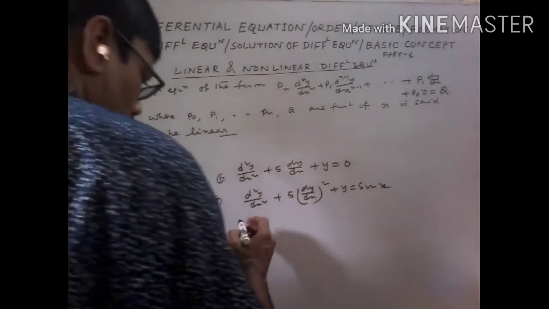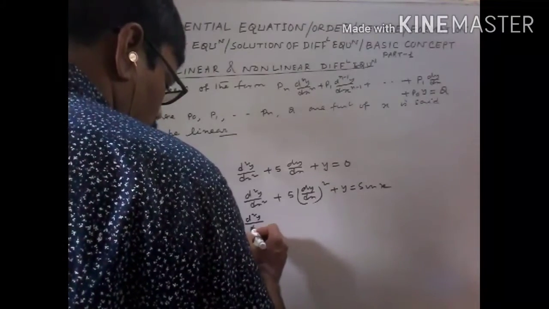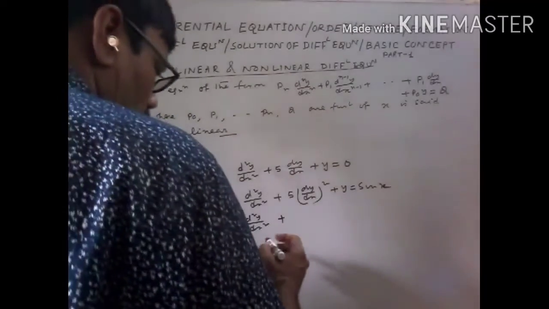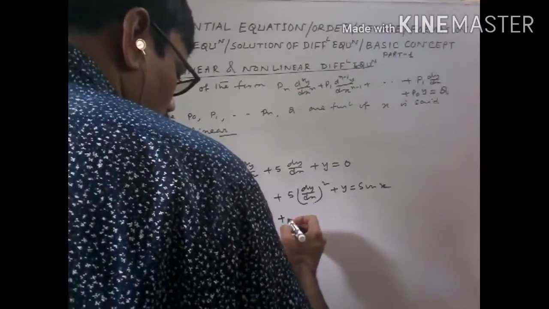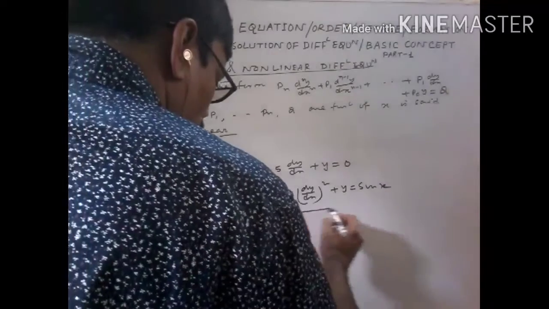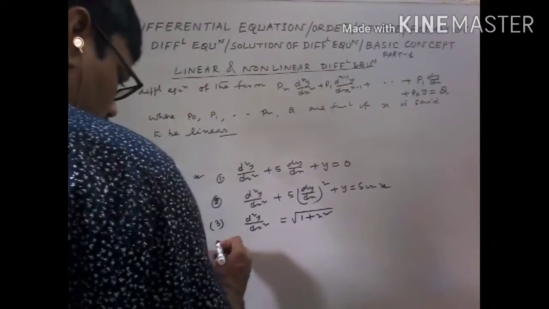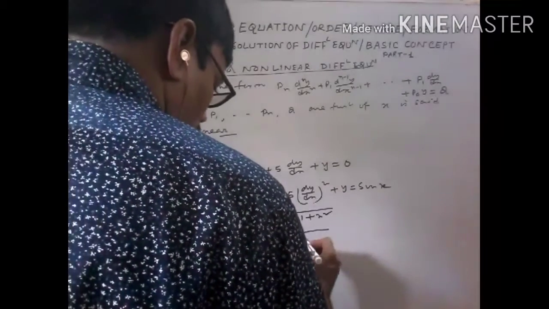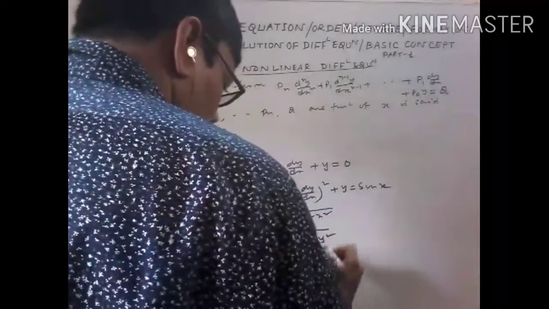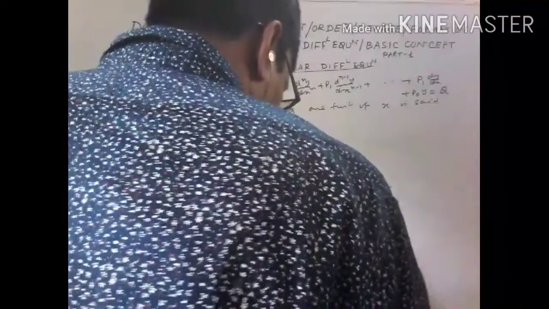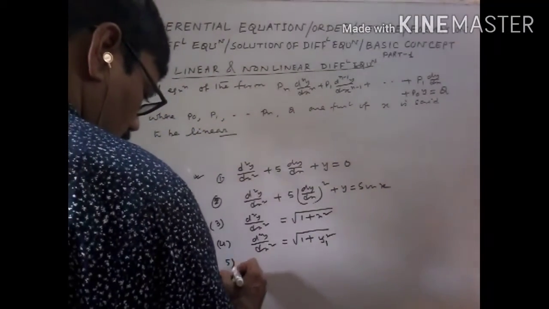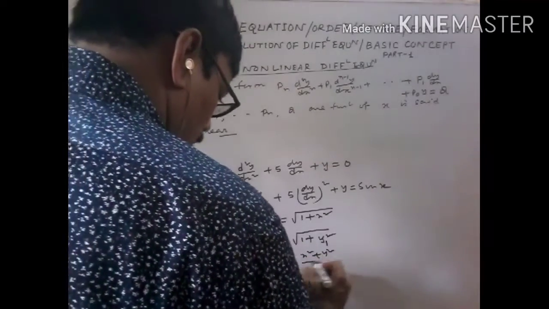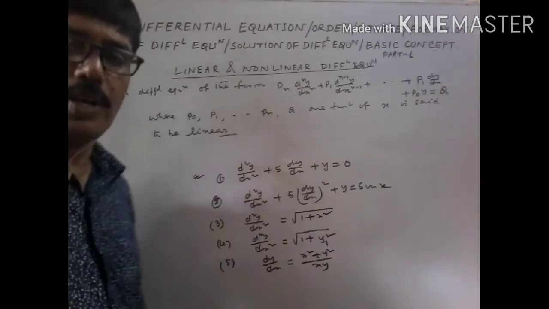Number 3: d2y/dx2 equals root over this, and d2y/dx2 equals root over 1 plus y1 square, dy/dx equals x square plus y square by xy.